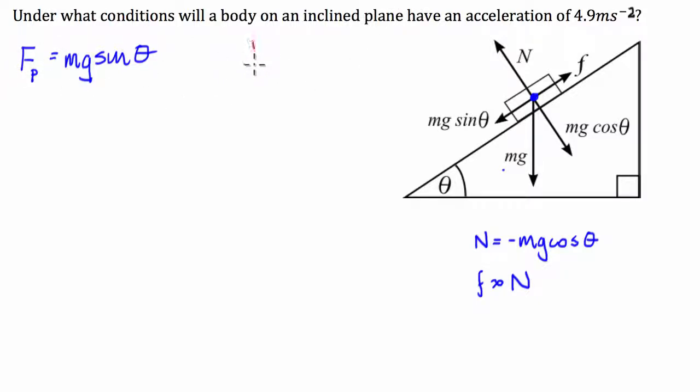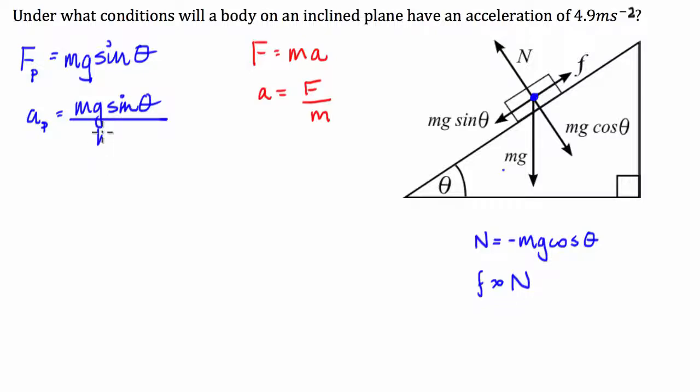Now, we also know that force is equal to mass times acceleration, so acceleration is going to equal force divided by mass. To get the acceleration down the plane, let's call it AP, it is going to be mg sine of theta divided by m.